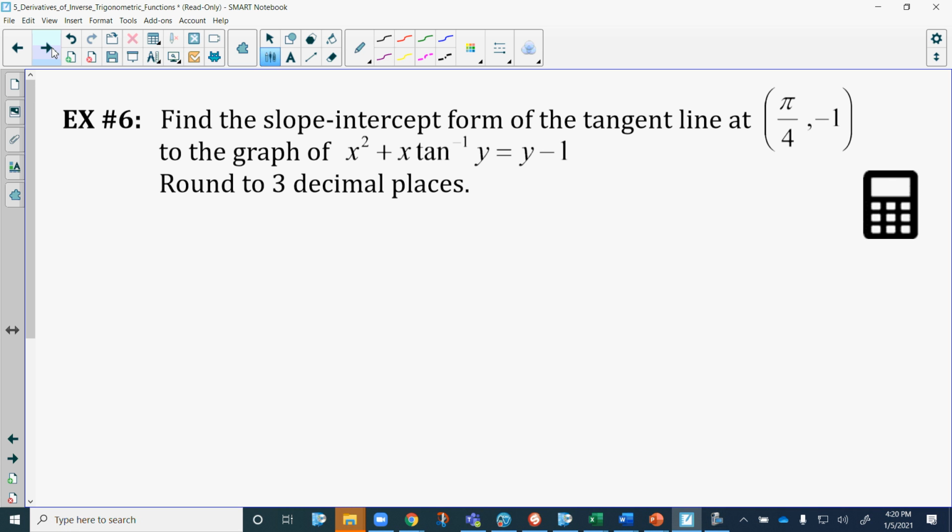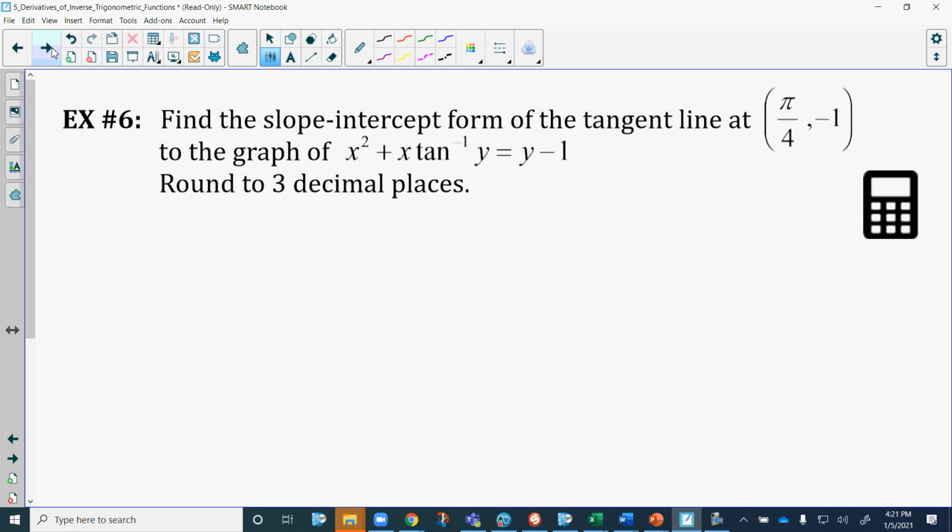But if not, I am fine with you following along and copying things down. Now, because of the way the function is written, there's no way to avoid doing implicit differentiation in this case.